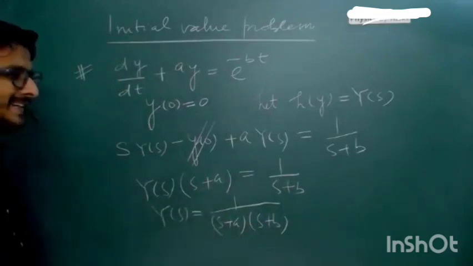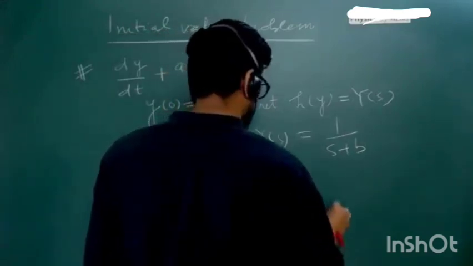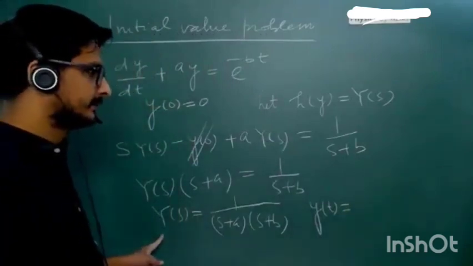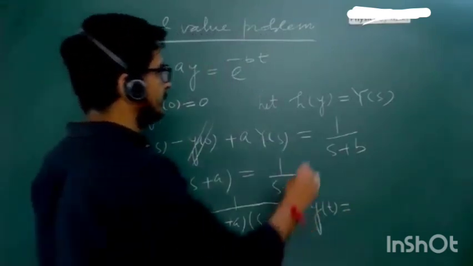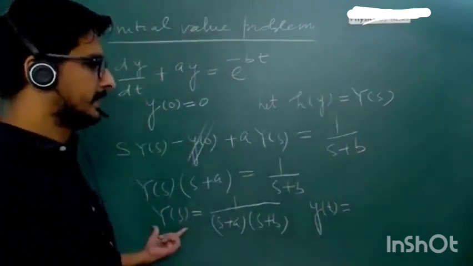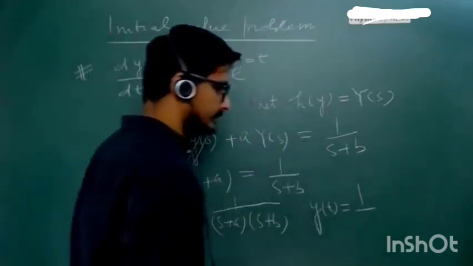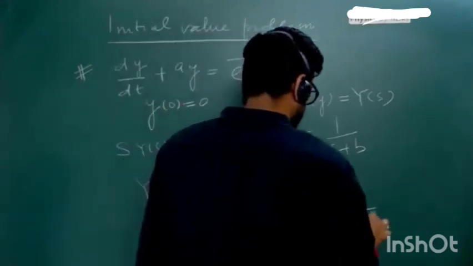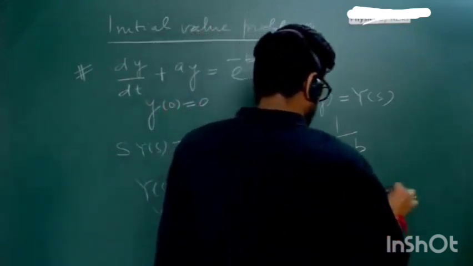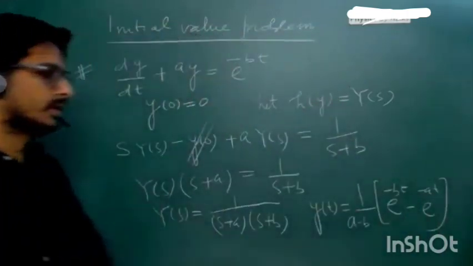Now you have just taken the Laplace, so take the inverse Laplace. So what will be yt, the inverse Laplace of this? Because Laplace of y is capital Y. So what is the inverse Laplace of this? It is 1 upon a minus b into e to the power minus bt minus e to the power minus at. This is the solution of the differential equation.